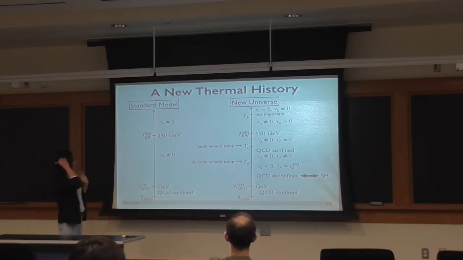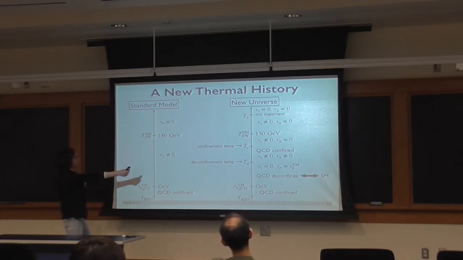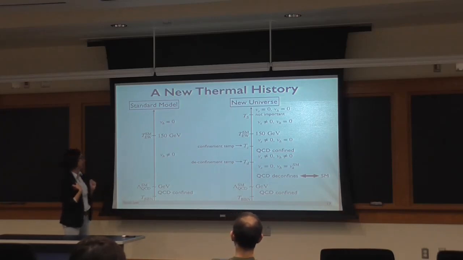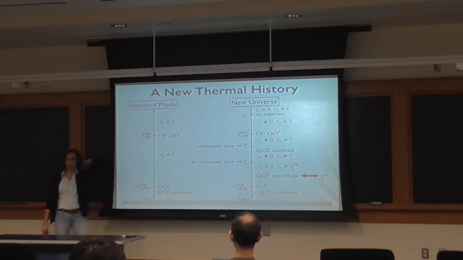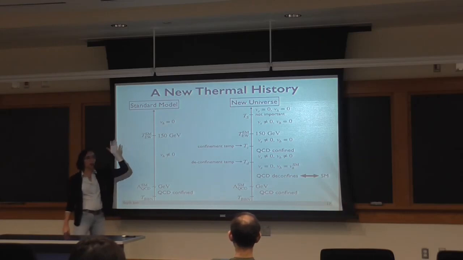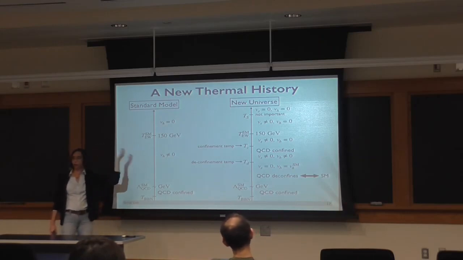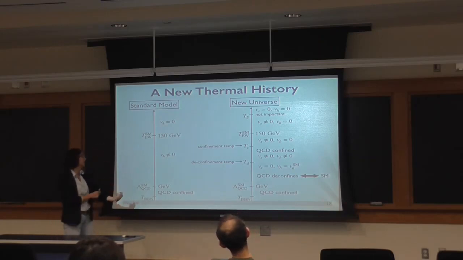I want to give you a comparison of the two thermal histories, one for the standard model and one for this new universe with this nice singlet in it. In the standard model universe, you expect that at very high temperatures, especially above 150 GeV or so, the Higgs field vacuum expectation value was 0, so all the particles were massless.